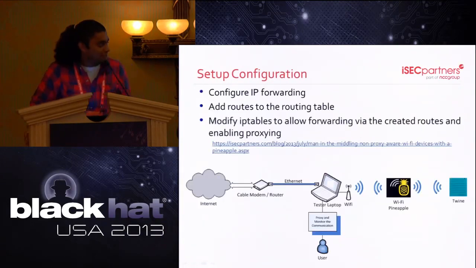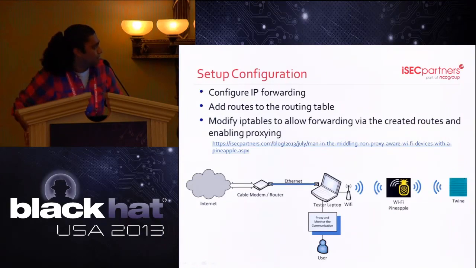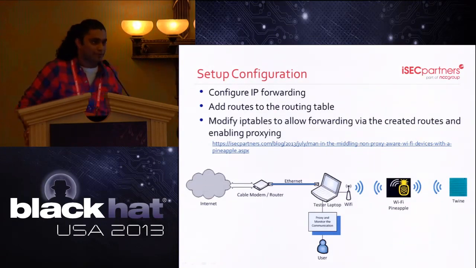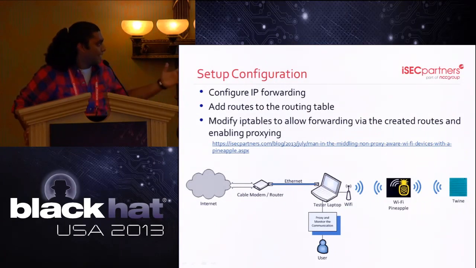So using this, we had a neat little setup. We had Twine talking to the Wi-Fi Pineapple wirelessly, and the Wi-Fi Pineapple was connected to the Wi-Fi adapter of our laptop. All the proxying and monitoring of this network traffic happened on the laptop, which is connected to the internet using the Ethernet port.